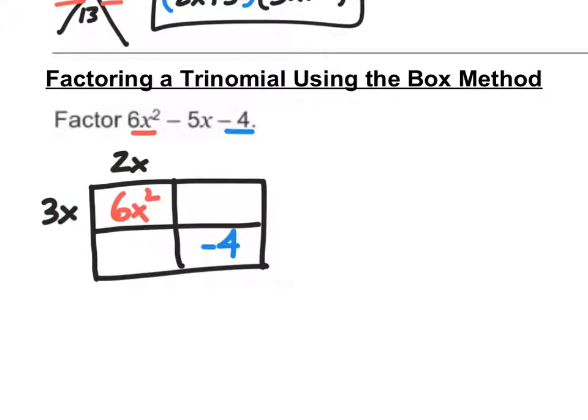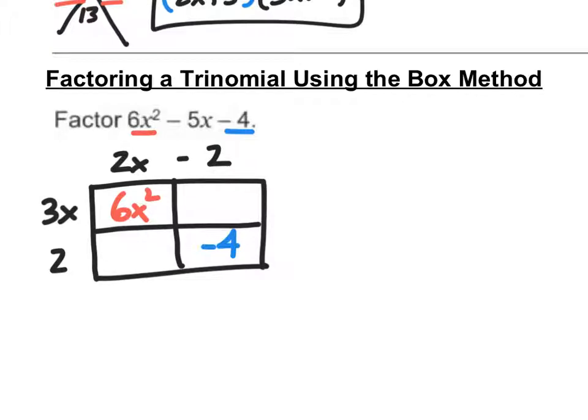But then the question is, what are 2 numbers that multiply to negative 4? This is the tricky part, because now I kind of sit there and go, well, what's going to go here? So let's just say that we got a negative 2 and a positive 2.